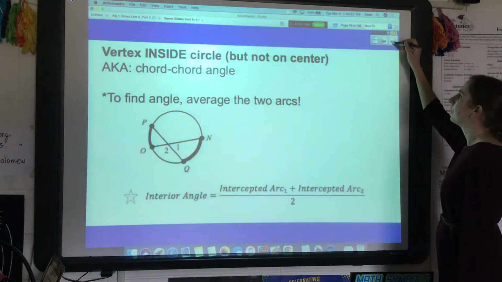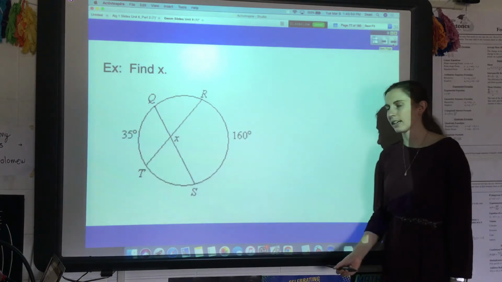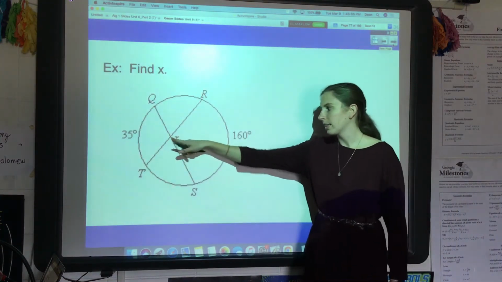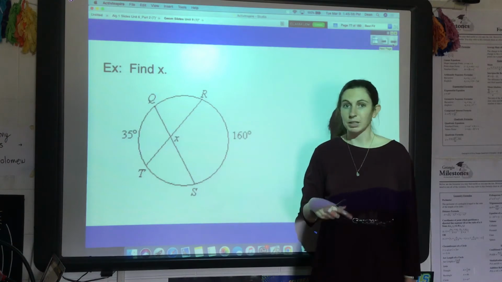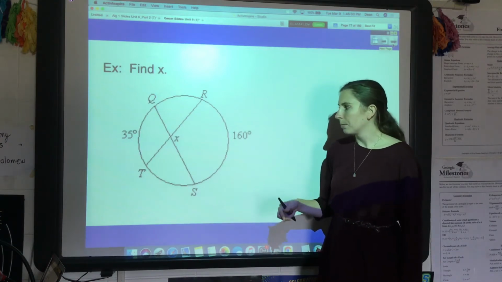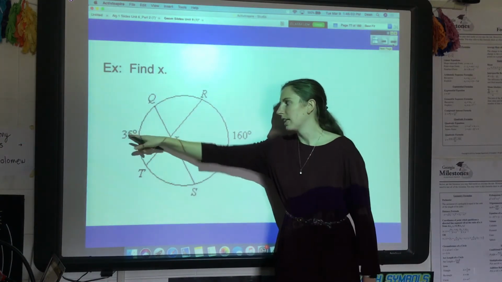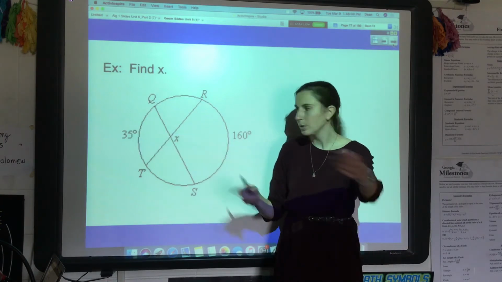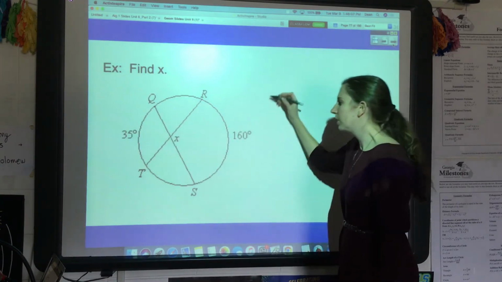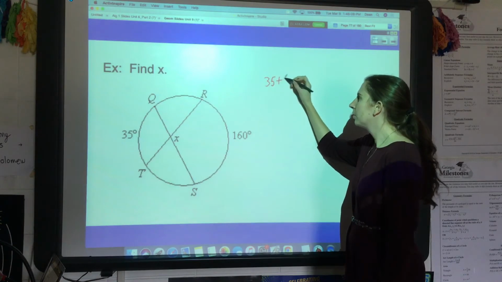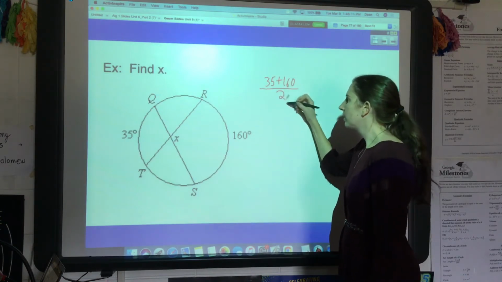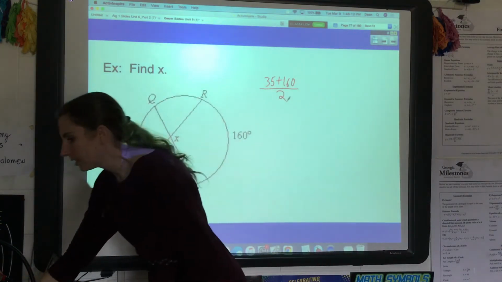So, for example, I want to find x. Again, if this were at the center, x would just be 160, but it's not at the center. And if this were at the center, that would just be 35, but it's not. So instead, we just average the two arcs. All you have to do is 35 plus 160 divided by 2.